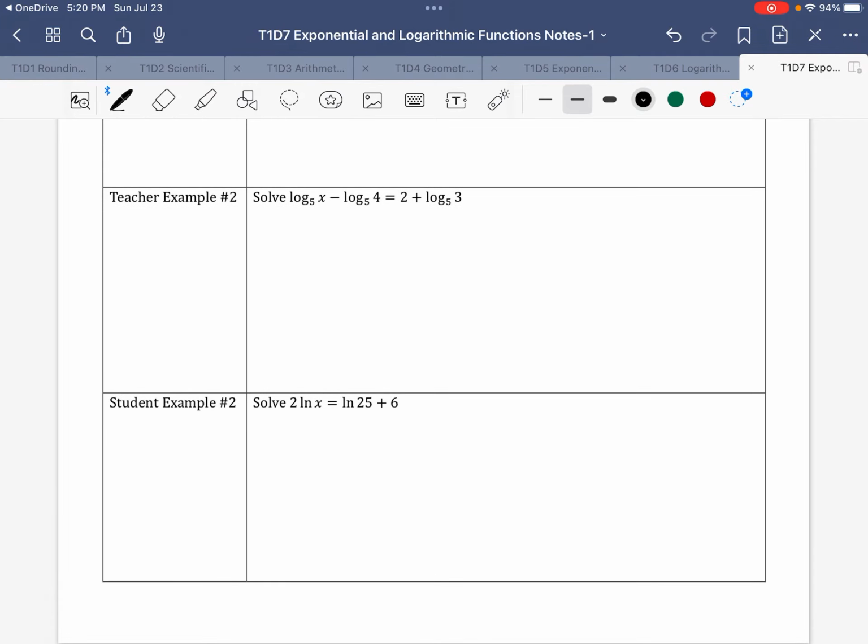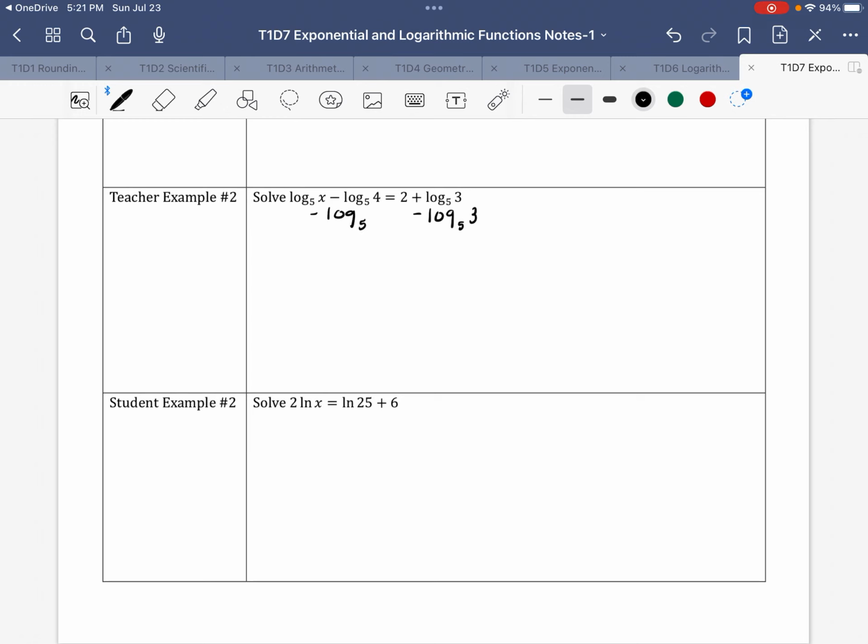Teacher example number 2 asks us to solve log base 5 of x minus log base 5 of 4 equals 2 plus log base 5 of 3. So now I have a log on one side and then a constant and a log on the other side. I'm going to subtract the log here again so that I can get logs on one side completely condensed and then my constant number without a log on the other side.